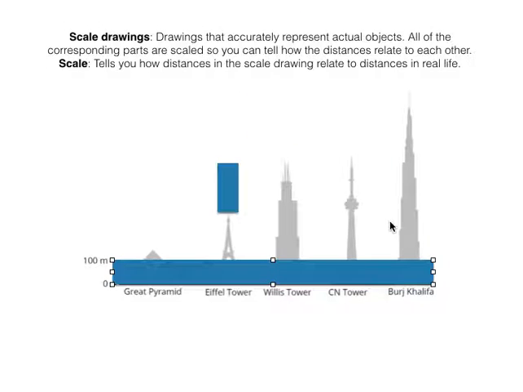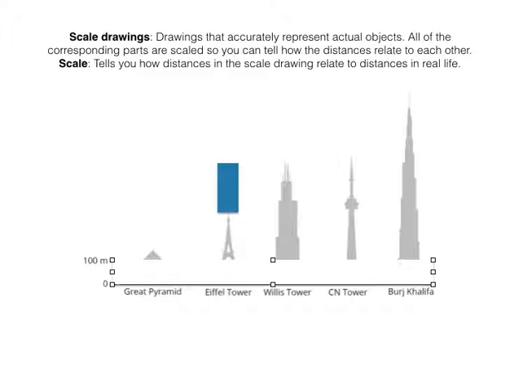Since I'm working with technology here, I'm going to make this clear, but if you were doing this with rulers, you would want to make sure that your lines are going across equally. You could use a straight edge so that you have straight lines. You could use something that has right angles to make sure you have straight angles. And I'm going to make this transparent so that I can see through it.